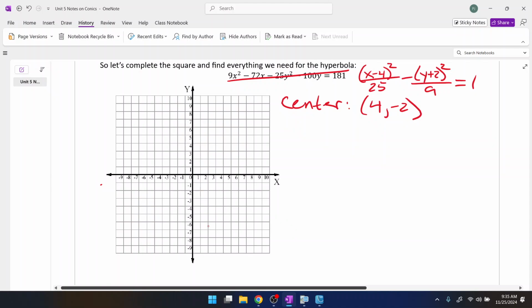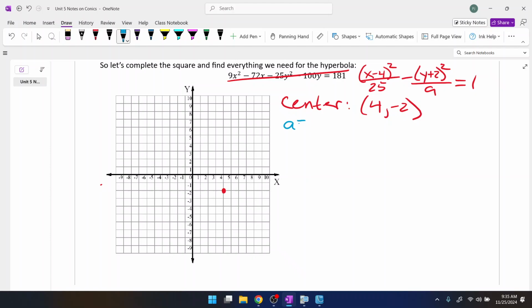Now, the transverse axis is going to be horizontal or vertical. Horizontal. So 4, negative 2 is where we're going to be centered here. Now, the A value is 5 and the B value is 3. Our vertices are going to be literally 5 units away. So the two vertices are going to be located at 9, negative 2 and negative 1, negative 2. Now, from there, we can go up and down by 3 units and close the box.